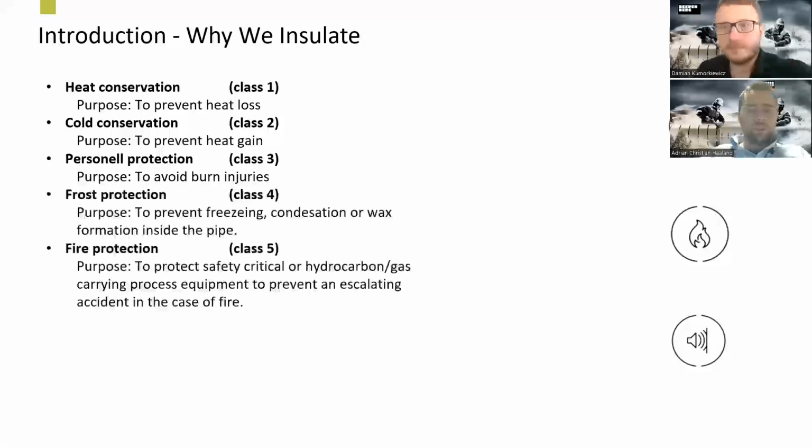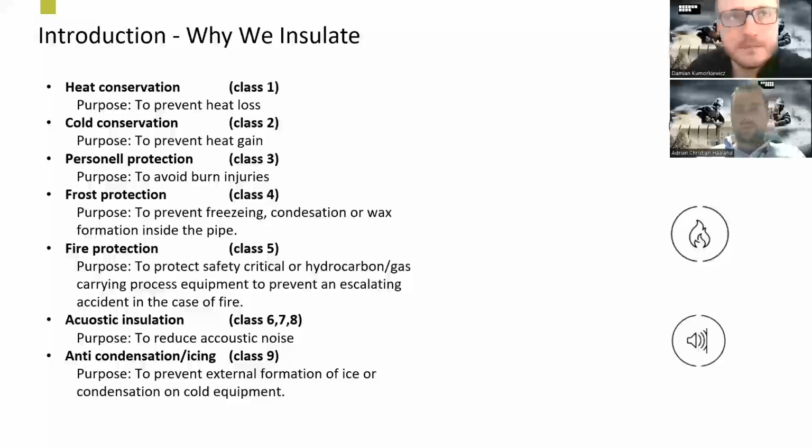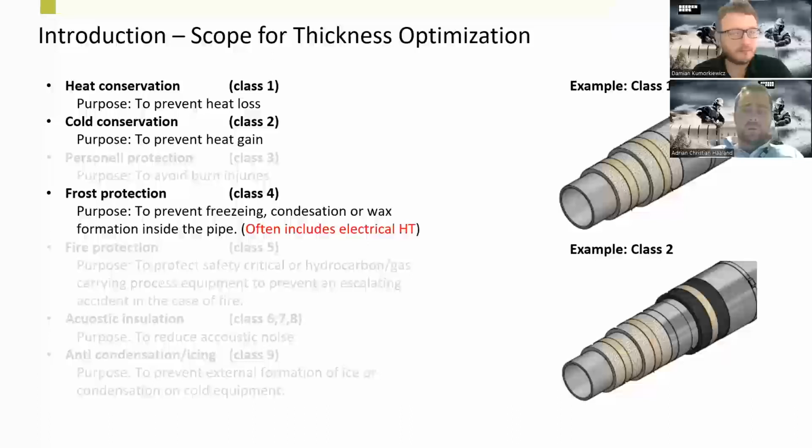There are several different insulation classes today, and not all of them are relevant for insulation optimization and energy efficiency. So which insulation classes can we actually apply energy optimization and thickness calculations for? Well, in order to save energy, we have to be sure that a unit of saved energy can be translated into a unit of saved cost.